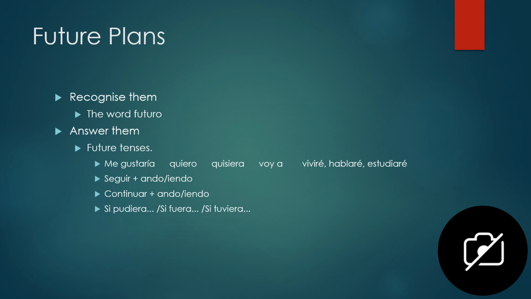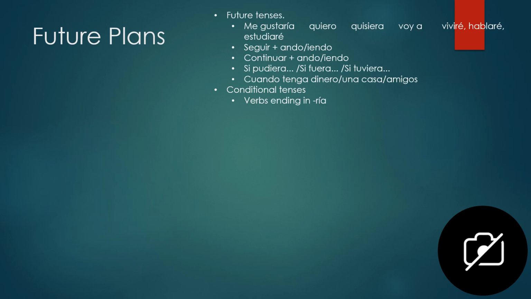Si pudiera, si fuera, si tuviera, if I could, if I were, if I had. These can be used in these kinds of answers as well. And also, cuando tenga dinero, una casa o amigos, when I have money, when I have a house, when I have friends, then you can continue on there with the future tense. Conditional tenses, you'll also want to use verbs ending in ría, like sería, hablaría, comería, iría, to say what you would do.